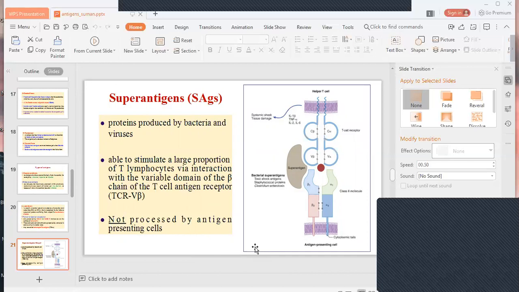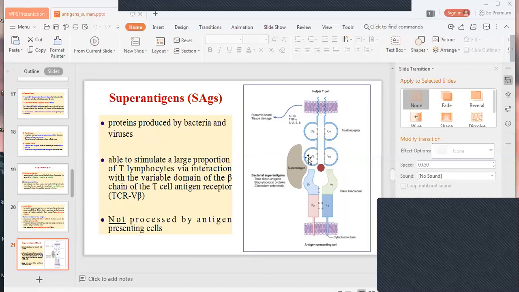They have the ability to stimulate a large proportion of T cells via interaction with the variable domain of the beta chain of the T cell antigen receptor, TCR.